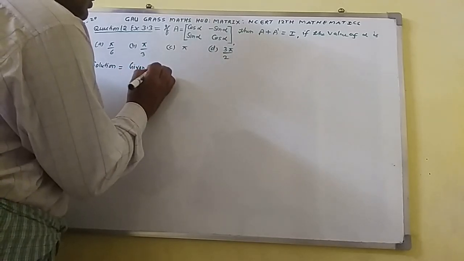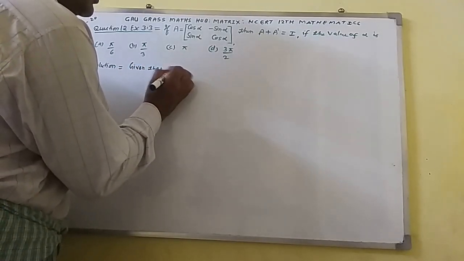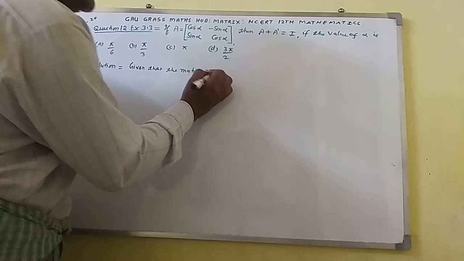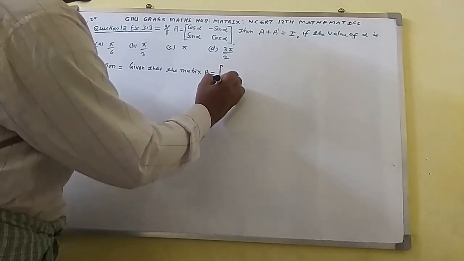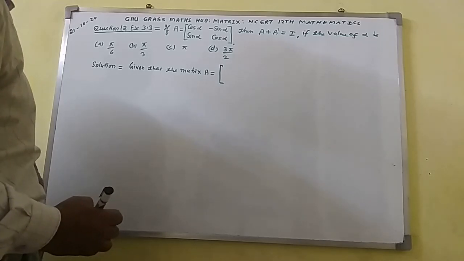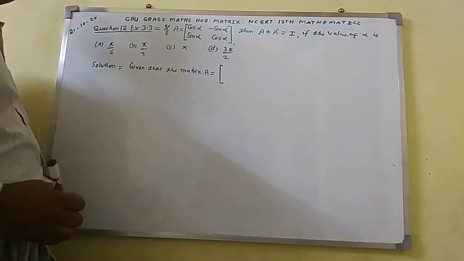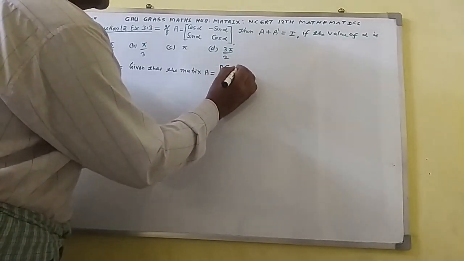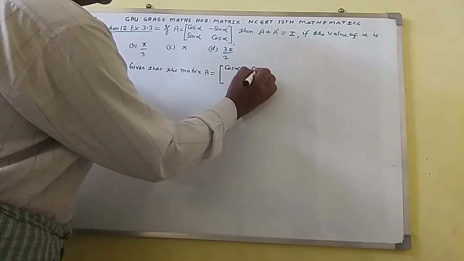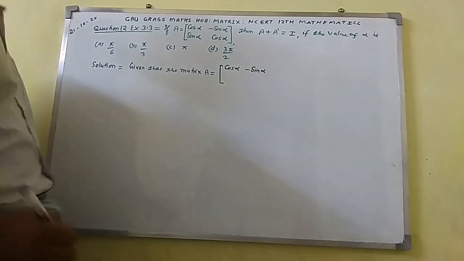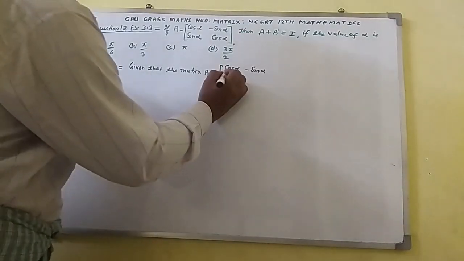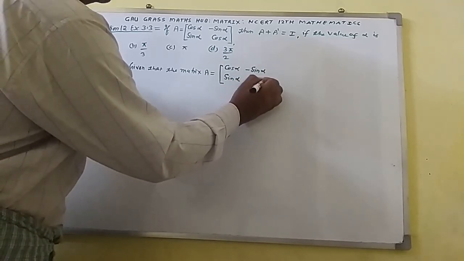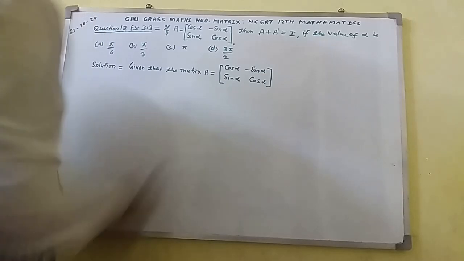Given that the matrix A is equal to, opening of square bracket, the elements of first row I am going to write cos alpha, minus sin alpha. The elements of second row I shall write sin alpha, cos alpha. Closing of square bracket.